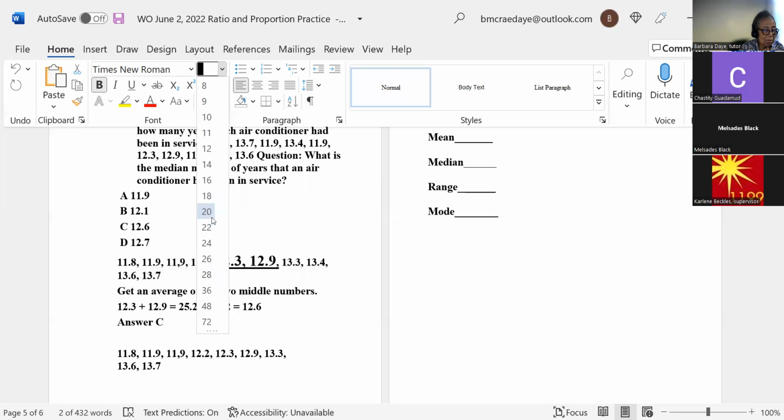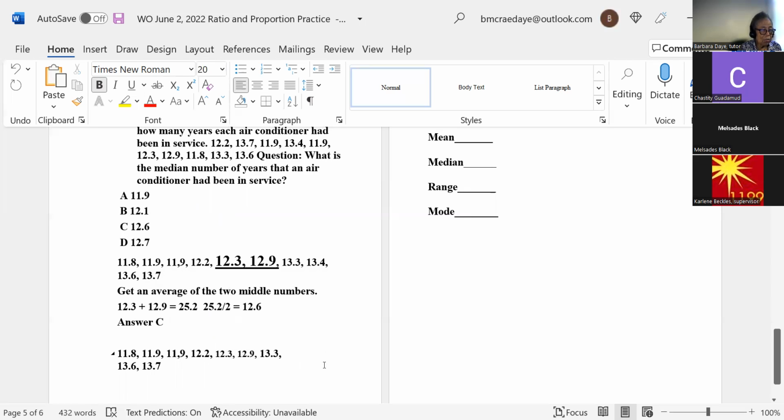It was 18. Make it the same size. Okay, so now we have how many data items? 9. Which one is in the middle, Mercedes? What is in the middle is 12.3.